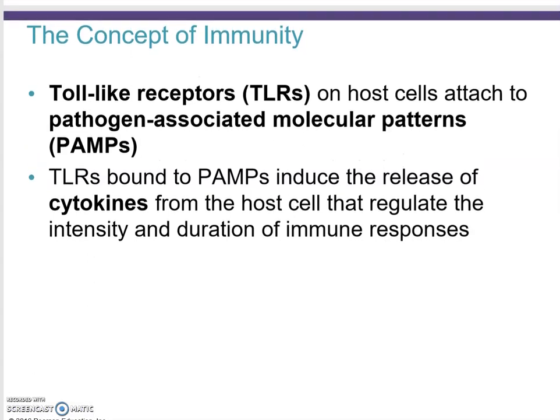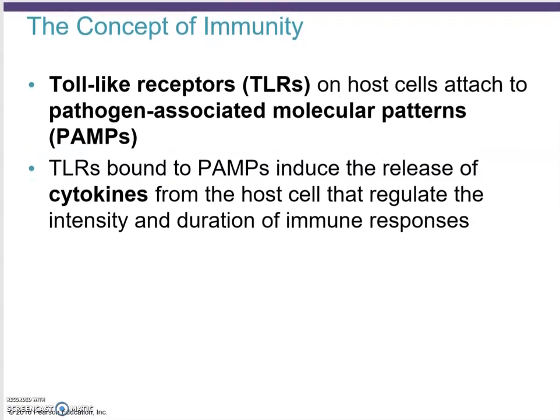Okay, here's a concept that you may or may not have heard about: the binding of a pathogen to a certain receptor on host cells causes a chain reaction of events that then results in an immune response. So toll-like receptors, abbreviated TLRs, on host cells attach to pathogen-associated molecular patterns, or surface structures on a pathogen.